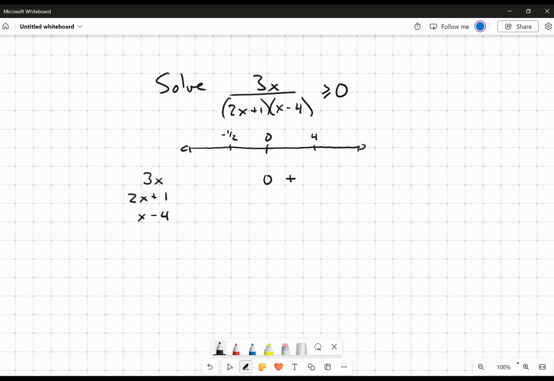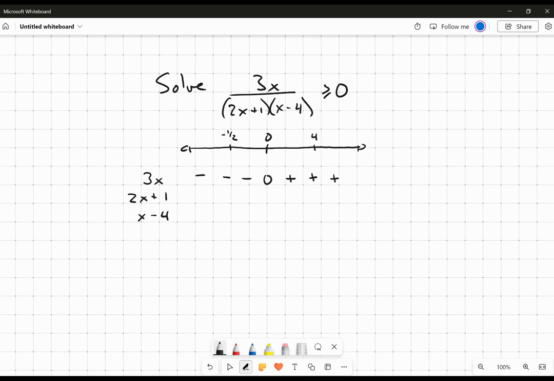If x is equal to 4, I get positive 12. And if x is bigger than 4, I'm going to get a positive value. But if x is anywhere to the left of 0, for example, between negative 1 half and 0, if you pick a number in there like negative 0.1, the result is going to be negative. If x is negative 1 half, you're going to get negative 3 halves. And if x is less than negative 1 half, the result is going to be negative.